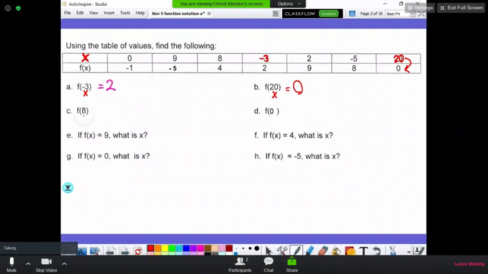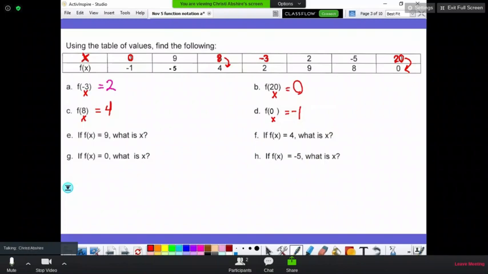That means x is 8. So I'm going across to where x is 8, and my output is 4. And on D, find f of 0. Once again, they're giving me x is 0, so I'm going to go where x is 0, and my output is -1.